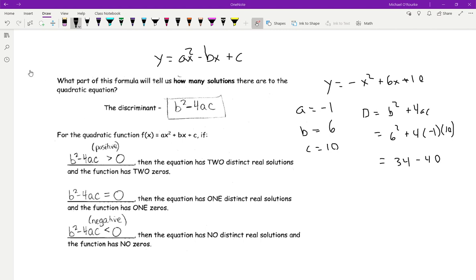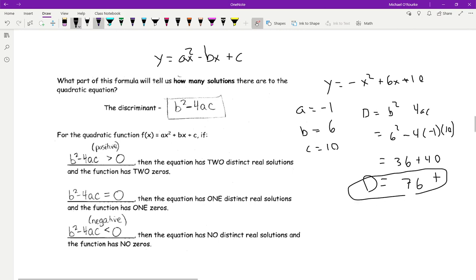I used the wrong numbers. This is going to give me negative 6, won't it? Oh, negative. That's a negative. Shoot. So it's going to be positive. Alright, that's 36. I was thinking of the answer before. There we go. So that equals 76. Okay? And that's a positive number.